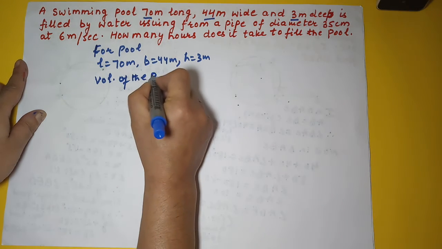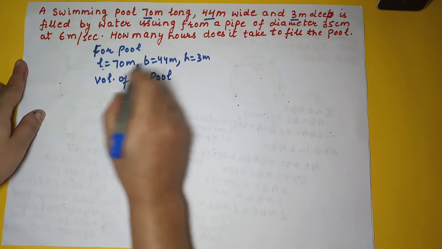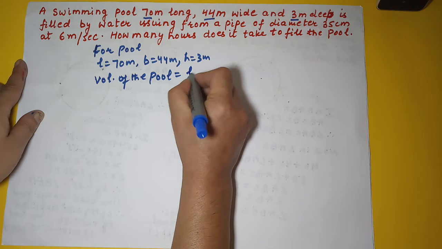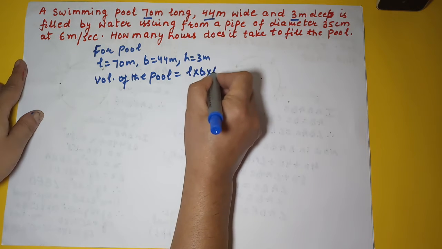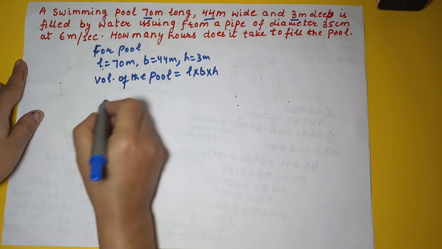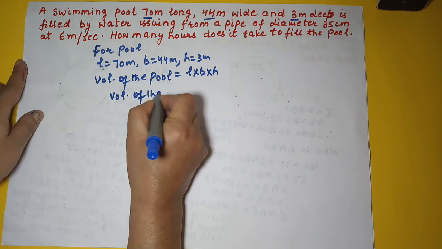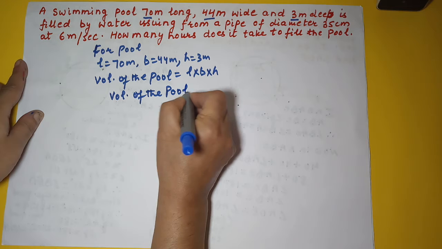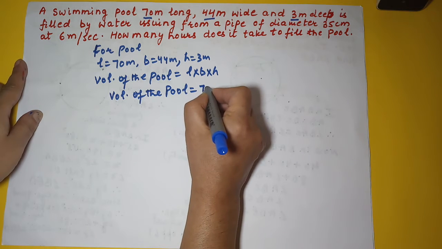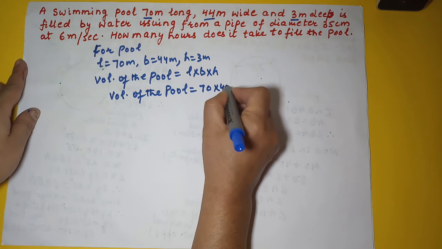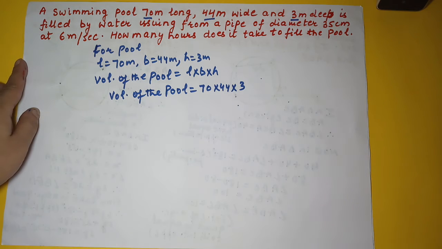I know that volume of cuboid is equal to length into breadth into height. So L into B into H, right? So volume of the pool is equal to 70 into 44 into 3, right?